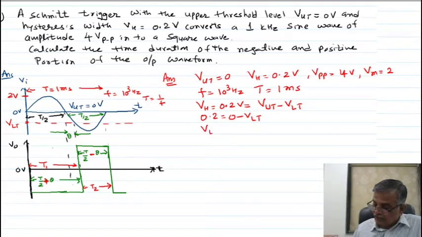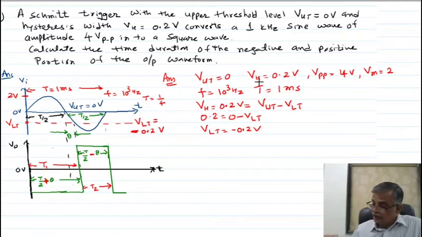So your VLT is nothing but minus 0.2 volt. And VUT is how much? 0. VUT is 0. So this is your 0 volt. That is your VUT. Now you apply the sine wave.